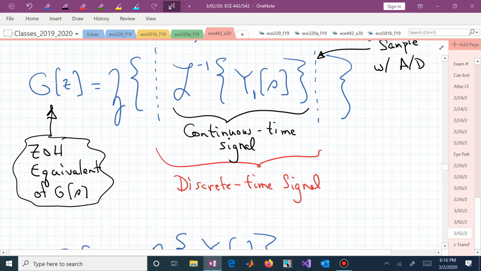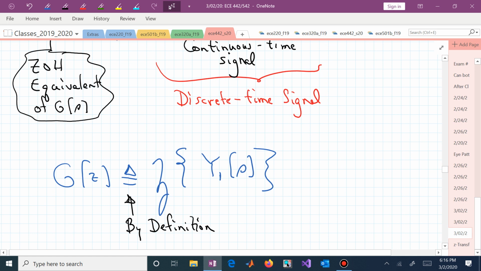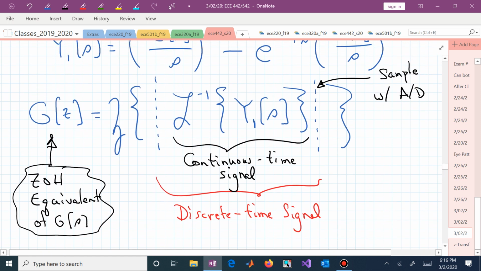Let's see if we can work through that. So this is the definition. When I write Z-transform of capital Y sub 1 of S, I'm really meaning all of this stuff. I'm inverse Laplace transforming capital Y sub 1 of S. Then I'm sampling, and then I'm Z-transforming.